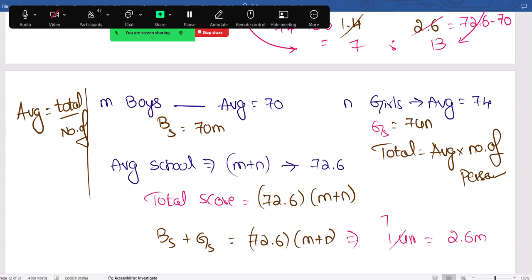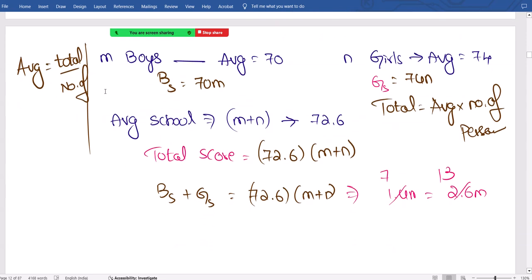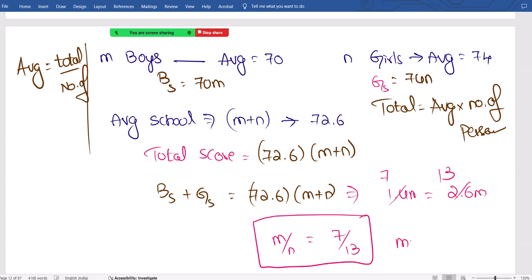And if you cancel, we get m by n is 7 by 13. My dear friend, hope you understand now. M by n, the boys and girls ratio, is 7 out of 13. This is nothing but m is to n is 7 is to 13. Is it clear now?